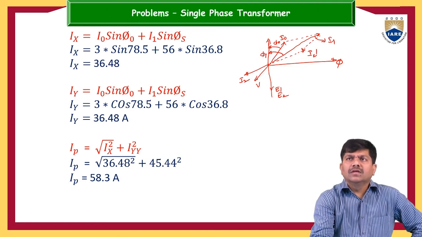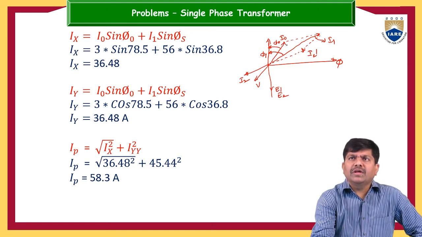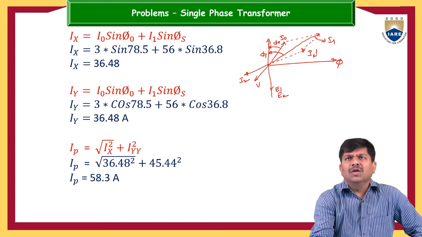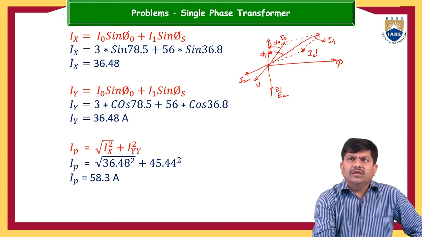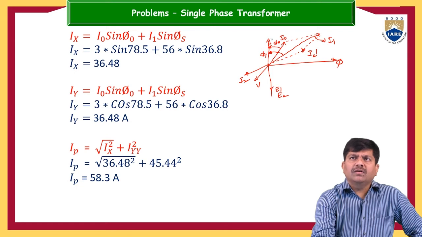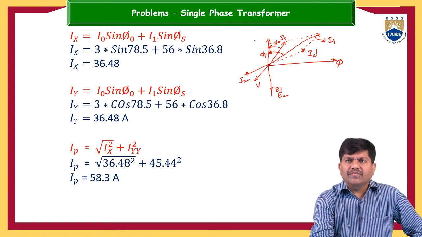Anyhow, we know that. So the IX component, you can directly go with the phasor diagram and compute this. IX component is nothing but, now this is one component, and the I1 component we are also projecting onto the reference axis.